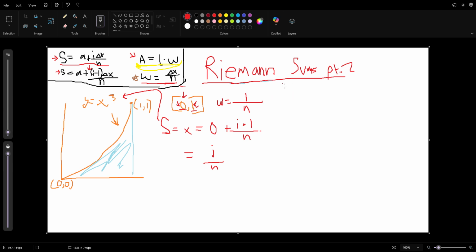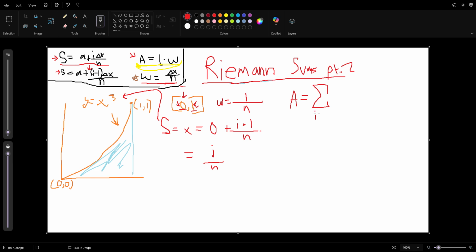Now, for the Riemann sums, we will just be using the area formula, essentially. So, same process. We do the width, which is the same everywhere, so it will just be 1 over n. Now, we need to find the sums of all the lengths. Actually, no, I want to do this the right way. I want to show you guys the whole way.